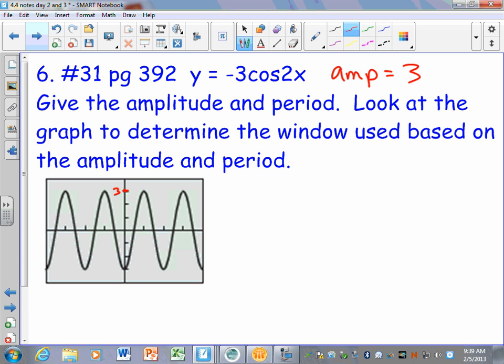So if I'm giving my window, it actually goes up and down one more than that. So could I say my y-axis is -4 to 4? That's how the book always writes it, so that's how I'll write it. So if you know the amplitude, it's not so bad to give the y-axis.